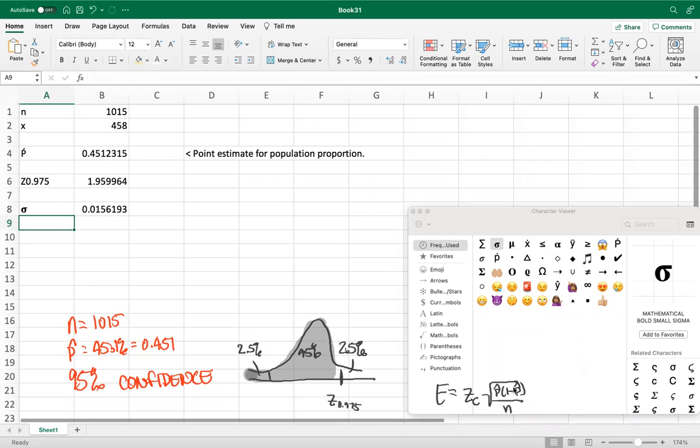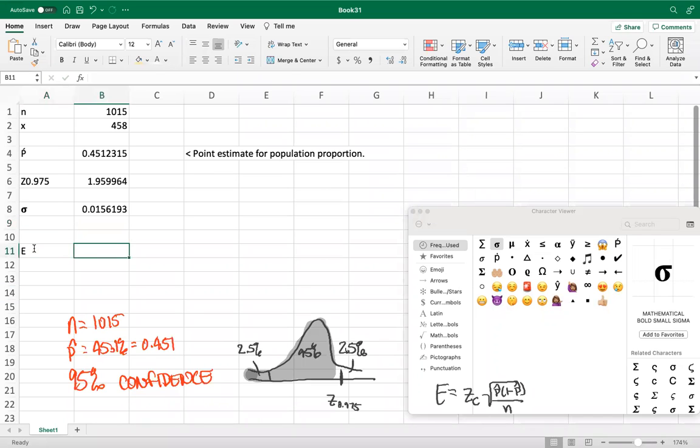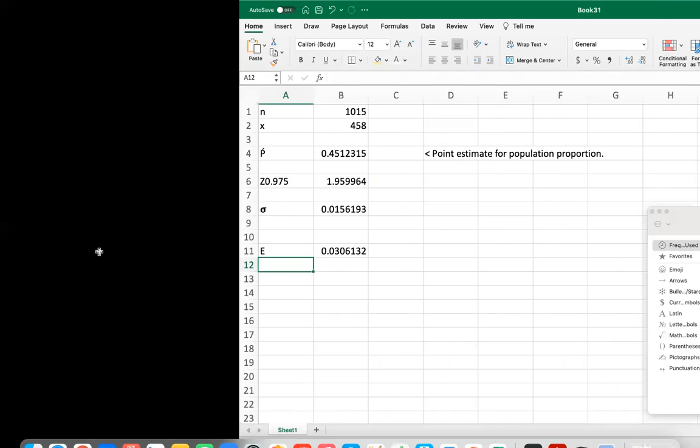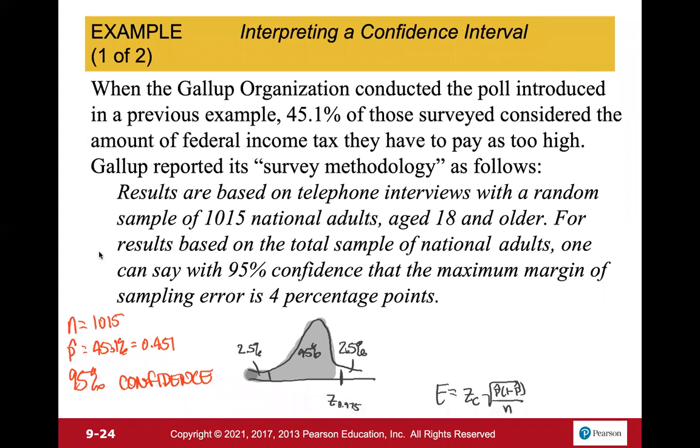So now that we have this part, we can find our margin of error. Remember, this is equal to z, our critical value, z sub c, times our standard deviation. And there we go. That's actually, they did this a little bit off.